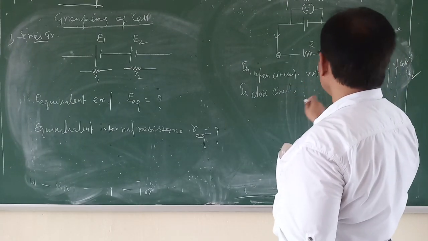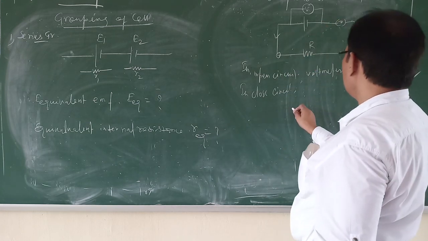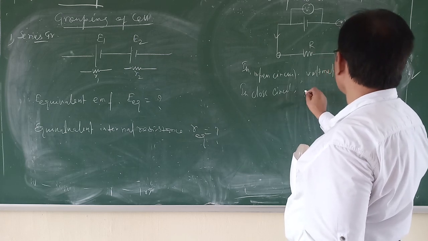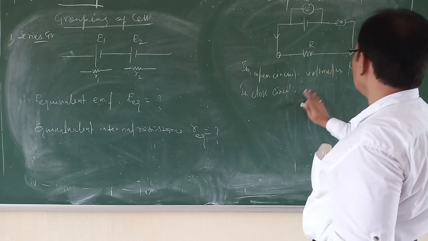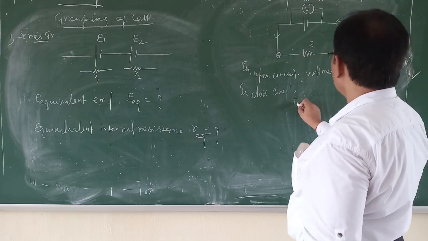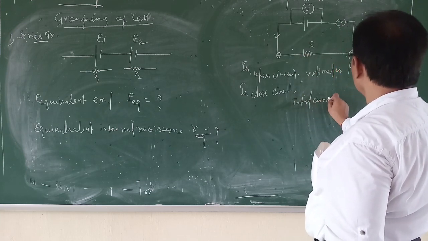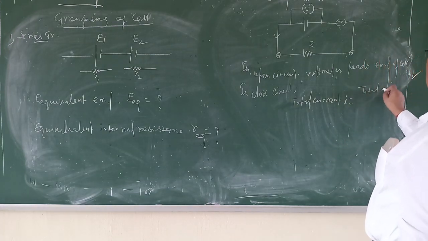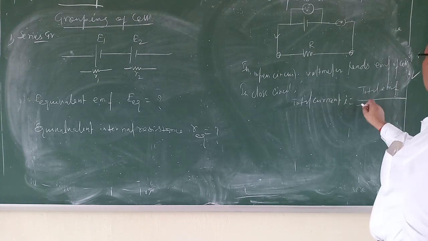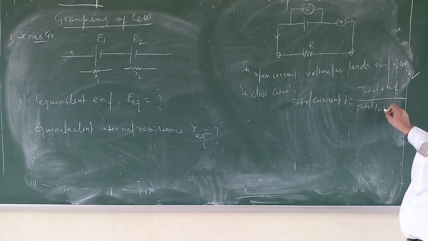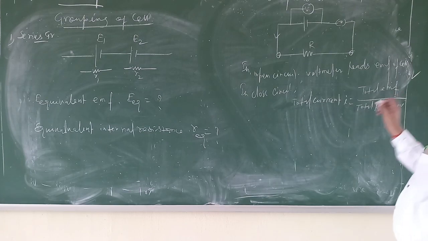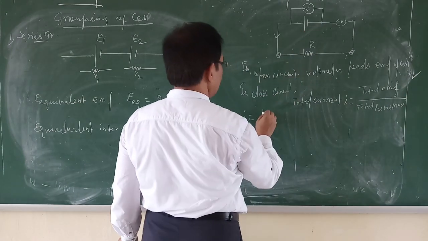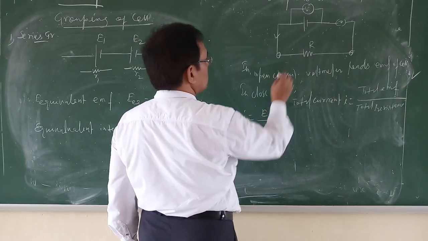So the total potential read by this voltmeter is E. The total current I equals total EMF E by total resistance.